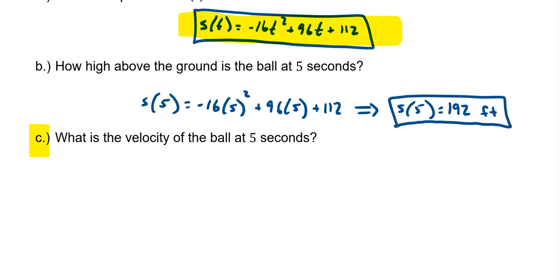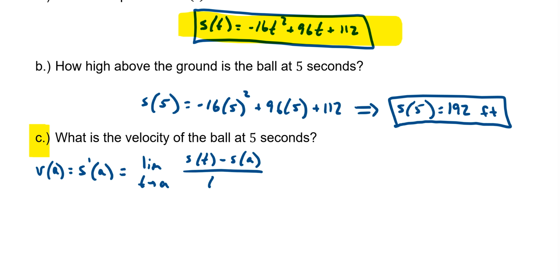The velocity, which I'm just going to write as v of a for now, just to write the original general equation here: the velocity at time a equals the derivative of position at time a, which is the limit as t approaches a of s of t minus s of a all over t minus a. So once again, don't let the variables confuse you.